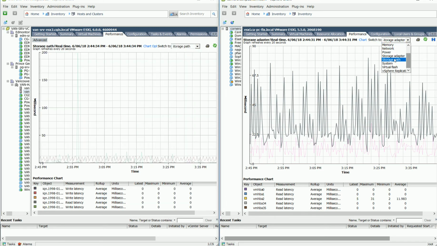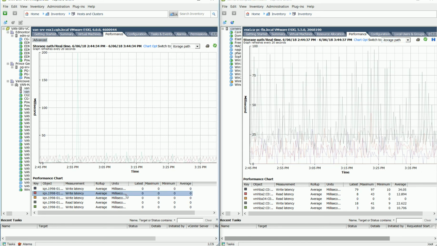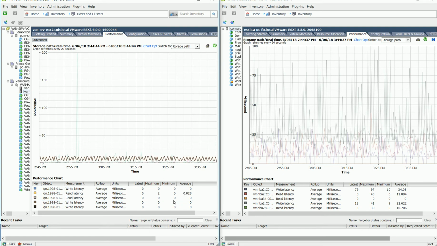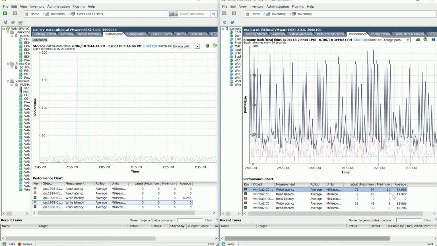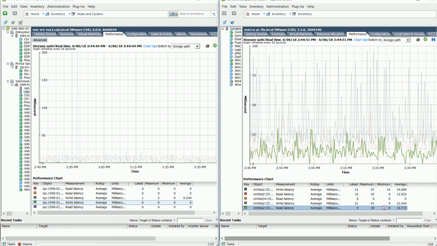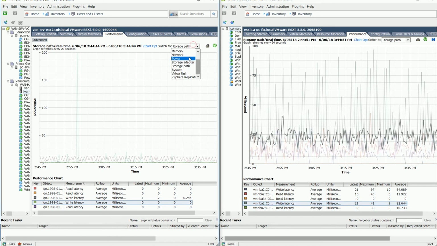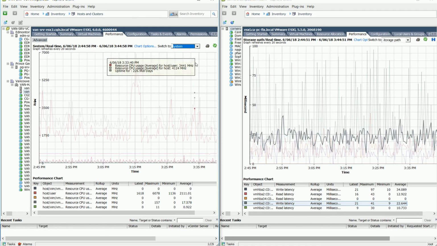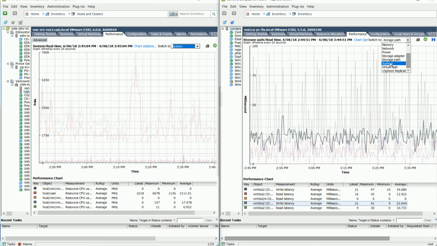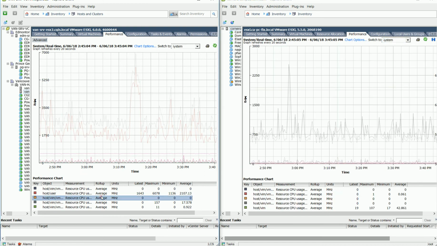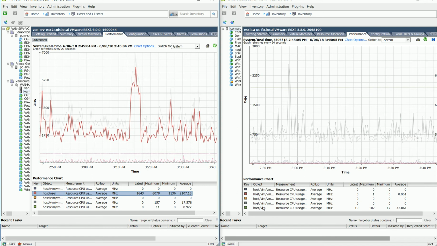For storage path, the average is also latency. Here you can see most of them are very low, 0.0, but this one has a lot of high latency. System is about CPU usage.